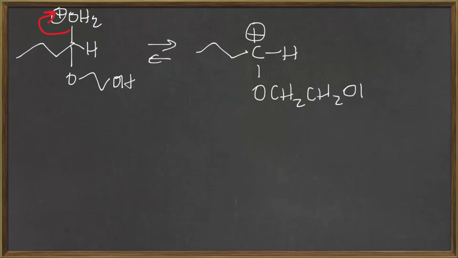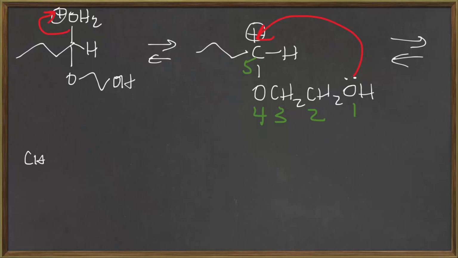And at this point, it should be painfully obvious that I have a fantastic electrophile and a nearby nucleophile that would oh so happily react to give me a 1, 2, 3, 4, 5-membered ring.